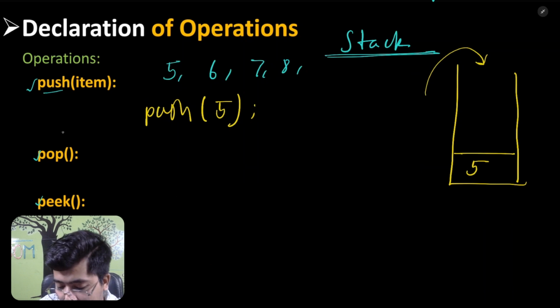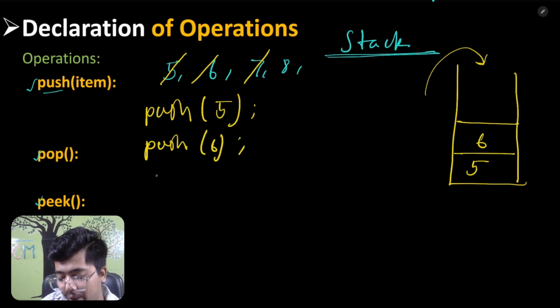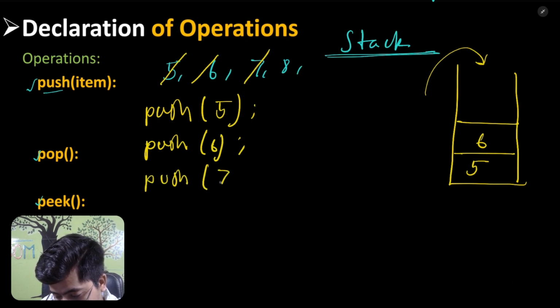If we again call push of 6, the 6 will go inside and get stored here. Now we are calling push of 7, so again this data will come here.